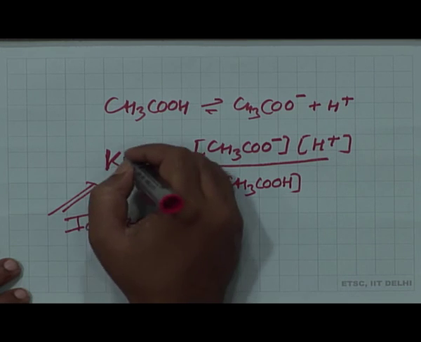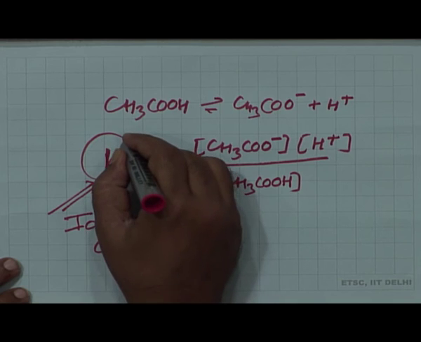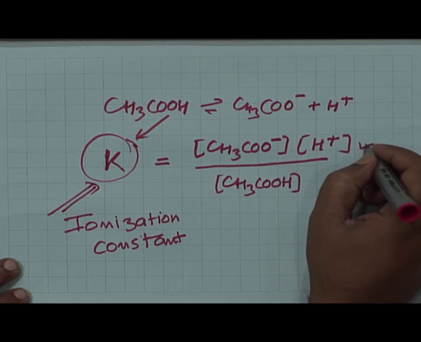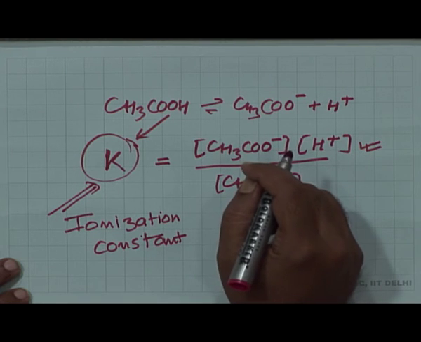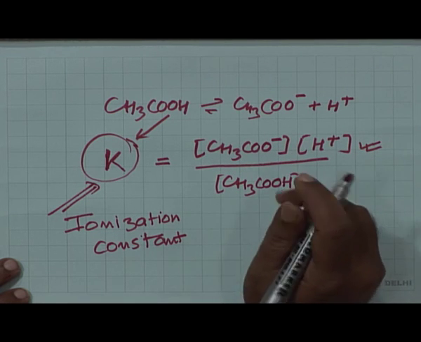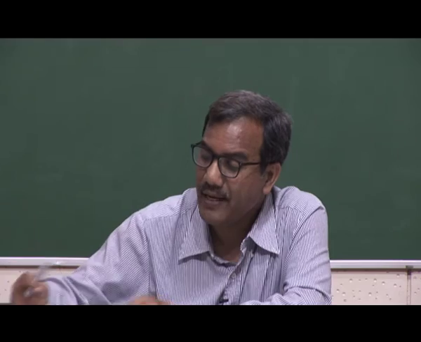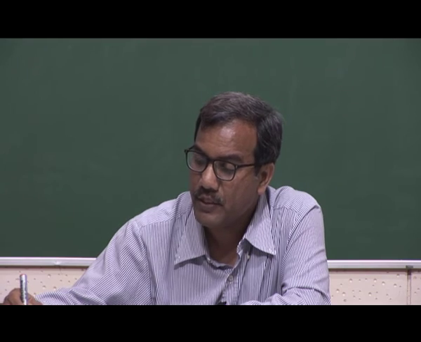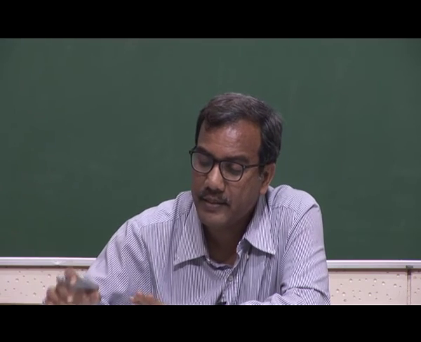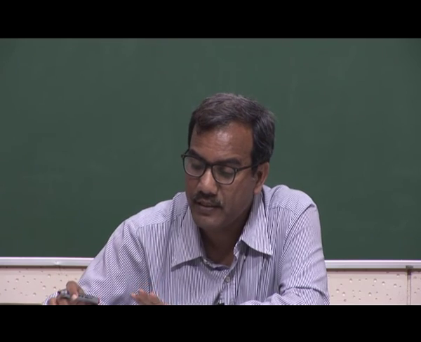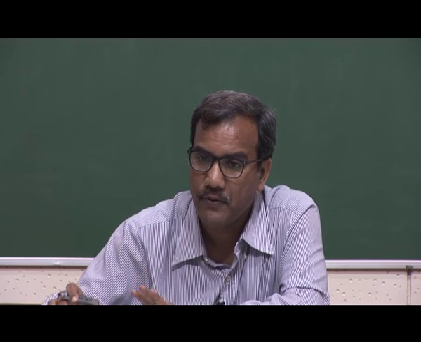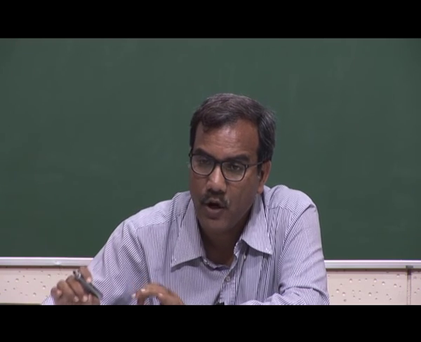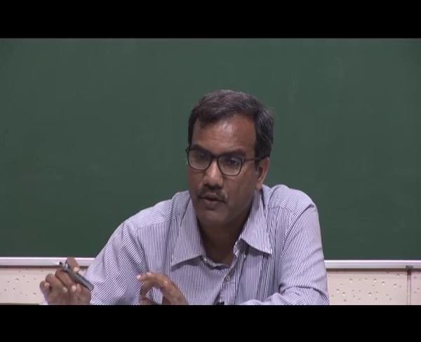So, if we know the ionization constant of a particular acid, then we can calculate the value of H plus ion, and that H plus ion can be used to calculate pH. In the case of a weak acid, the concentration of the acid is not equal to the concentration of H plus ion.